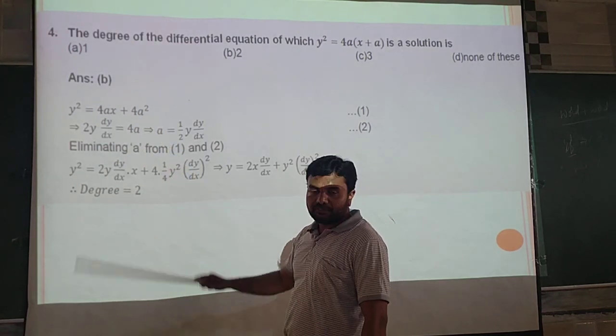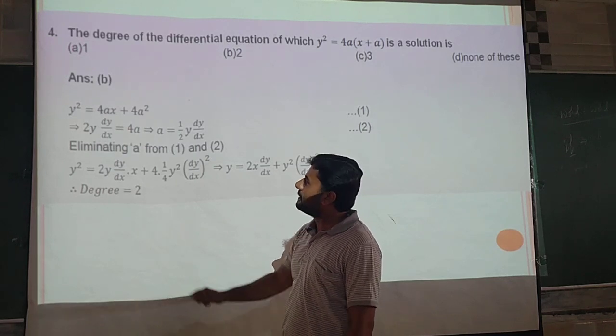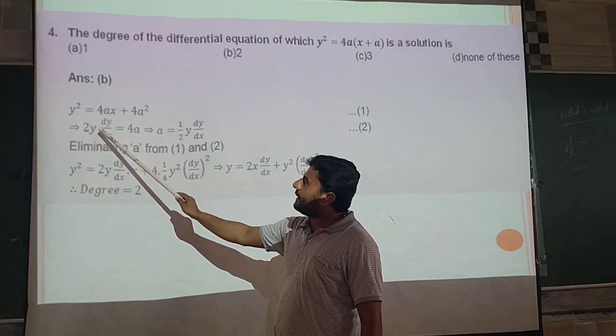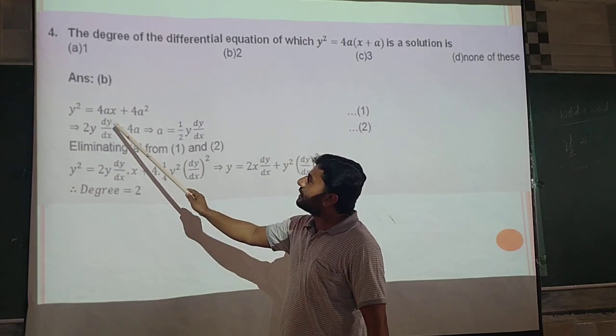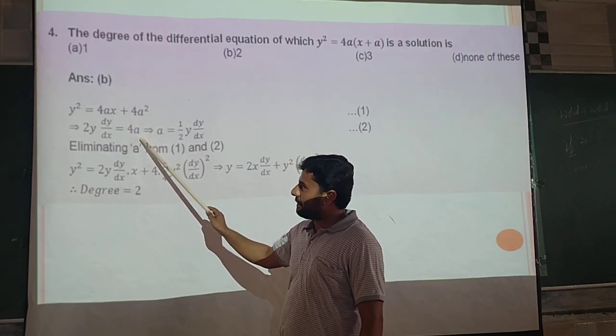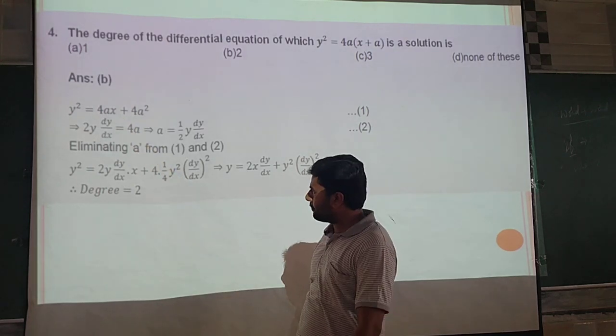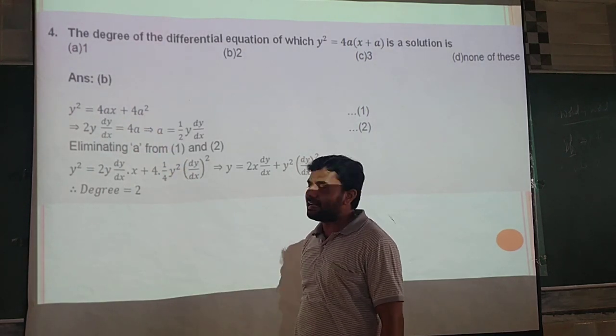Then differentiate with respect to x: 2y dy by dx is equal to 4a into 1 (x differentiates to 1), plus 4a square is a constant, so 0.